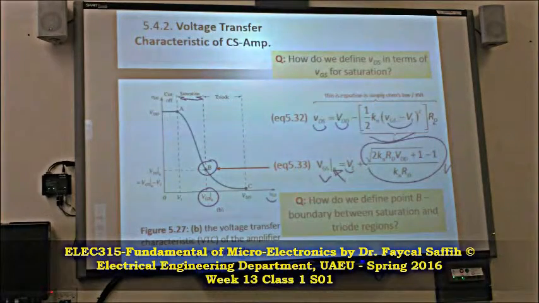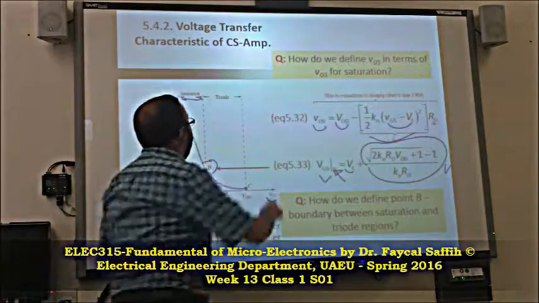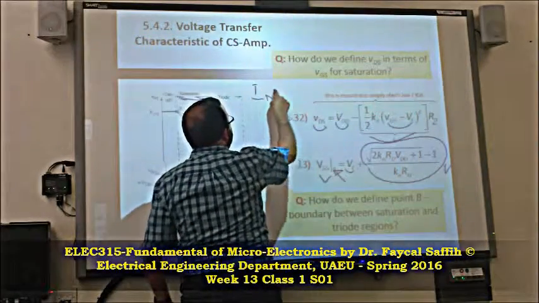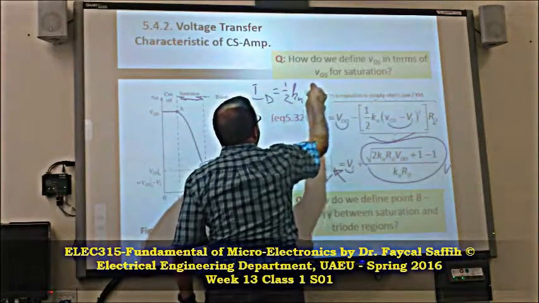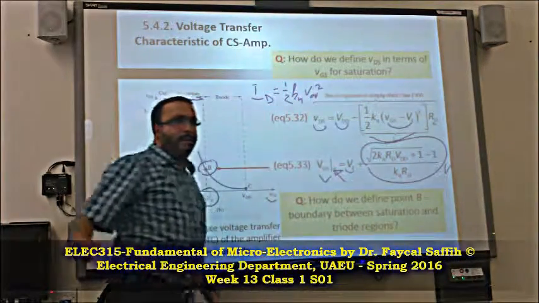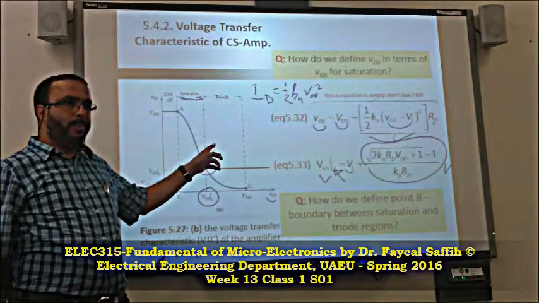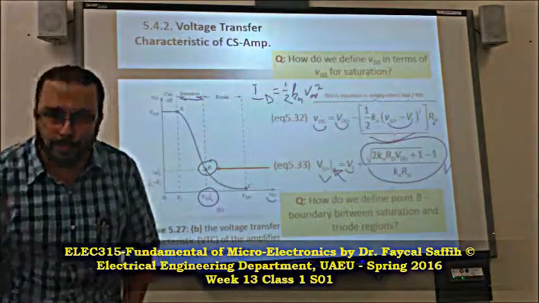What was the formula for ID? ID is equal to half Kn times overdrive squared. Is that the one? I think so. Yeah.